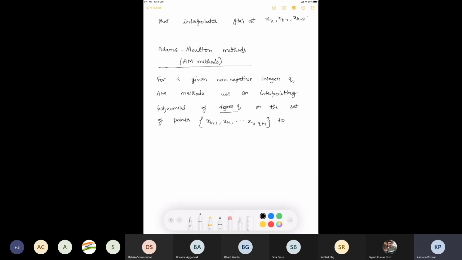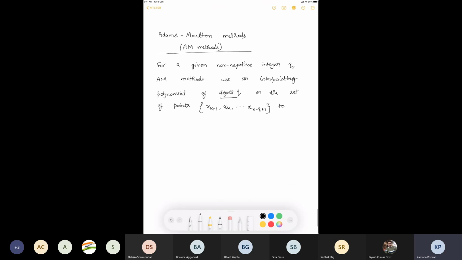We use this interpolating polynomial at these nodes to approximate g(x) in equation 3 or 4, whichever equation we have.